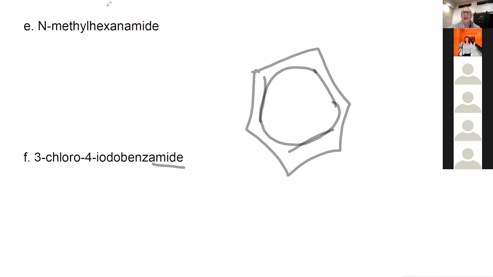So how do we put an amide on a benzene ring? Your benzene's your R group, and you need a carbon with a double bond to oxygen. And then your other substituent is your nitrogen. And then what else would be bound to the nitrogen?